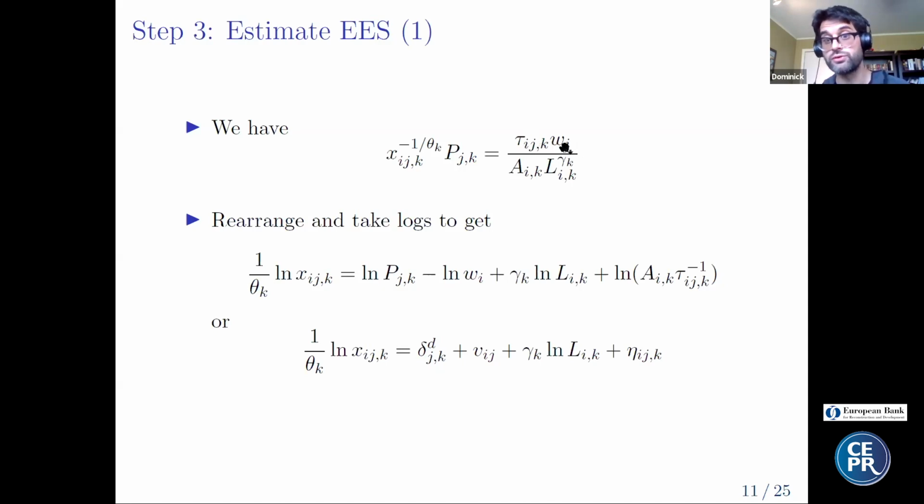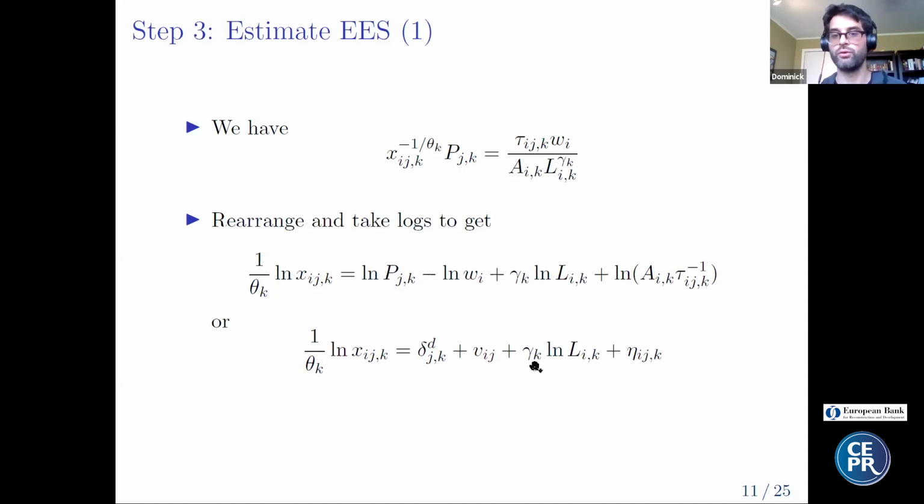And it's also going to soak up any common element of the origin or destination countries that's common across sectors. So for example, the wage is going to be captured by this origin-destination specific fixed term. And we have any other bilateral shifters in this error term eta.